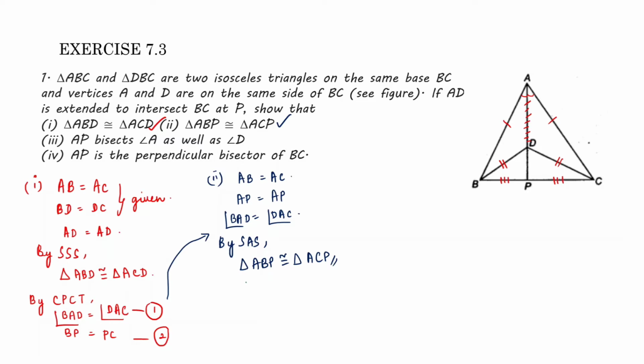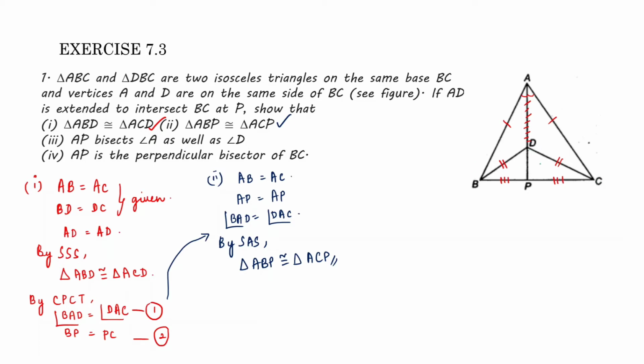Now, we already proved the congruency between triangle ABD and triangle ACD. We have also proved the congruency between triangle APB and ACP. We need to prove that AP bisects angle A as well as angle D. To prove that, let's prove the congruency between triangle DBP and triangle DCP.